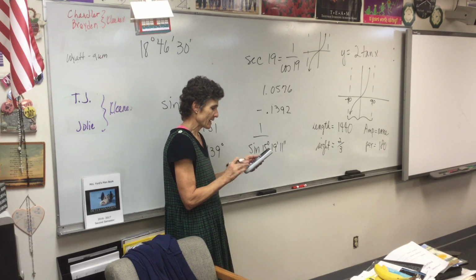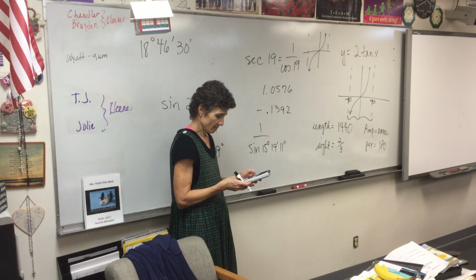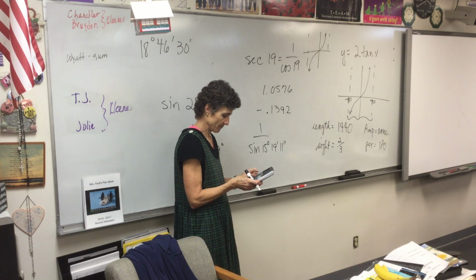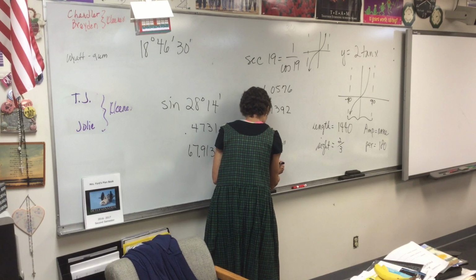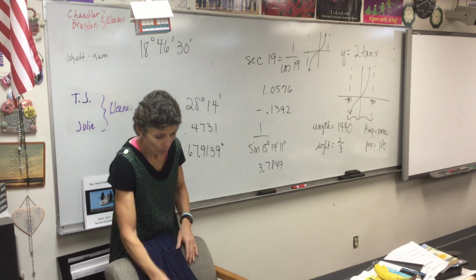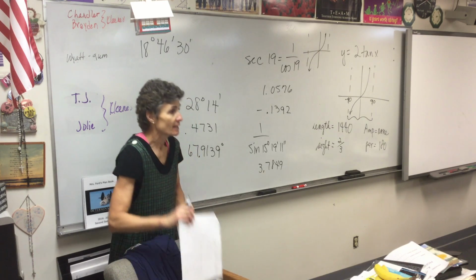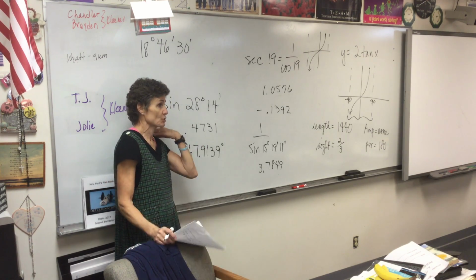And then where do I get that seconds thing? Alpha plus. And you should get 3.7849. I am rounding to 4 decimal places because that's what the directions say. I'm following the directions.